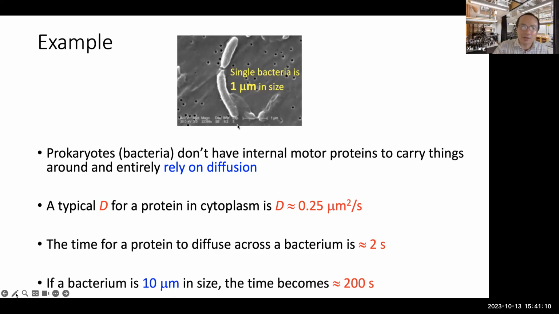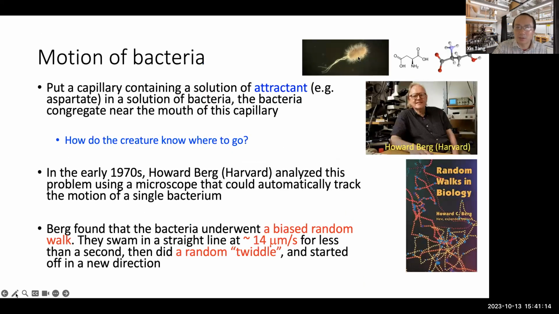They have flagella at the end, as in this picture of an actual bacteria. The flagella rotate and behave like a motor to propel the bacteria forward. So bacteria have both random walk and what we call biased random walk, so they can go in a directed manner.